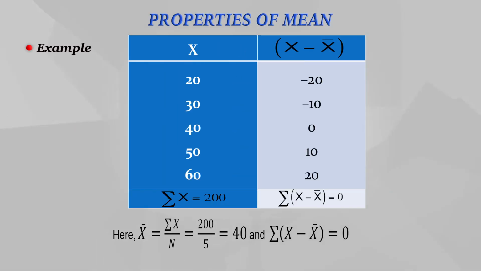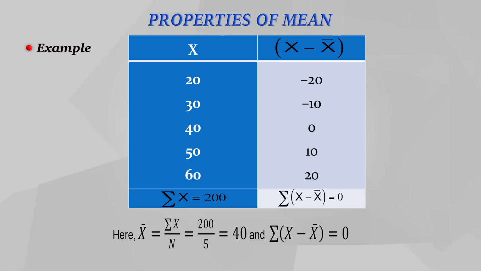Now we take an example to make it more clear. Let us have the 5 values of x: 20, 30, 40, 50 and 60. The sum of all the values is 200, and if we calculate the arithmetic mean, 200 divided by the number of values 5 is 40.